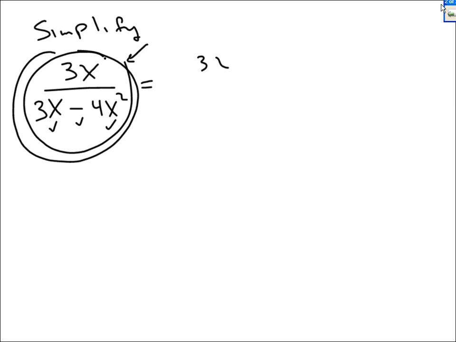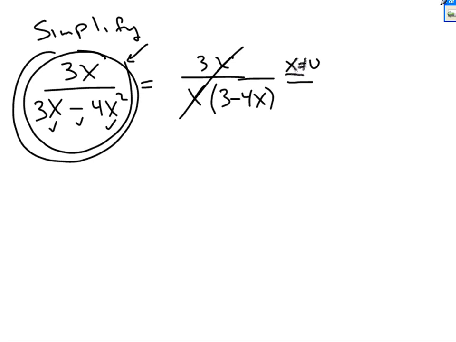This is 3x over x times 3 minus 4x. Now, as long as x is not 0, you can call that 1. And this is what you get. But you really should say the condition on the equal sign.